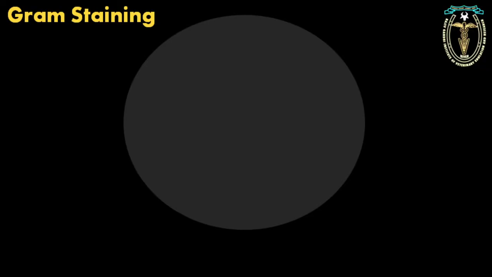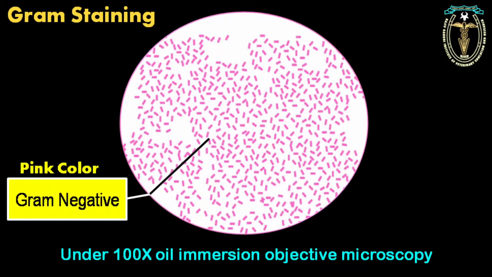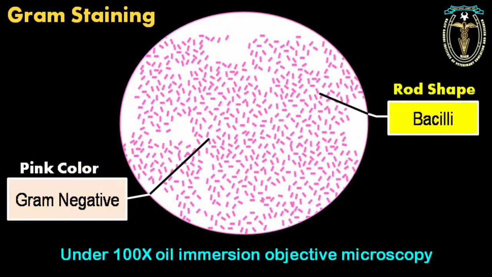Next, on microscopic examination, if you are observing this type of microscopic features based on coloring property, since the microorganisms here are stained pink color, they are gram-negative organisms. Then, here the organisms are rod shape, so they are bacilli. Next, the arrangement.